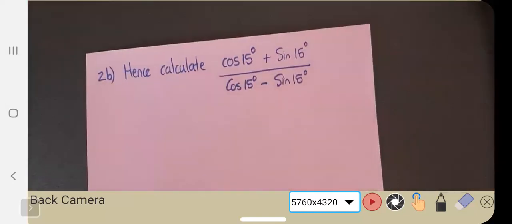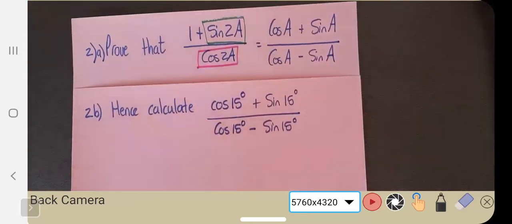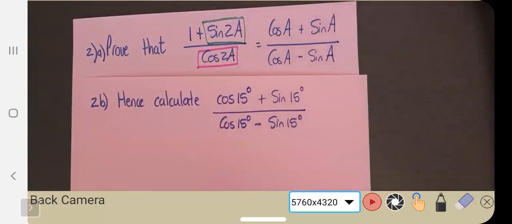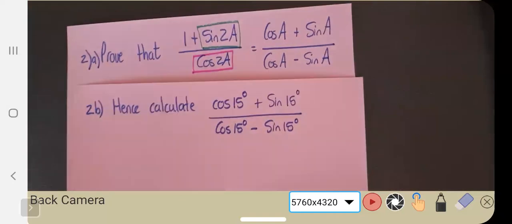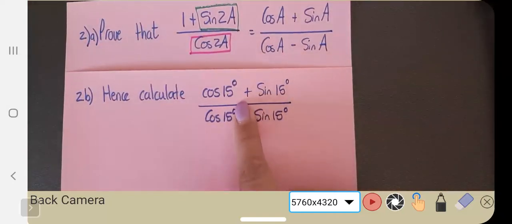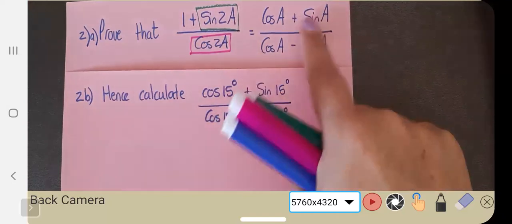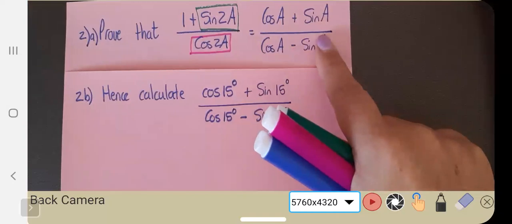Another example. This is now a follow-up on question 2's identity that we had to prove. Now they ask us to calculate this. If you look closely, you will see it corresponds to the right-hand side of the previous identity.